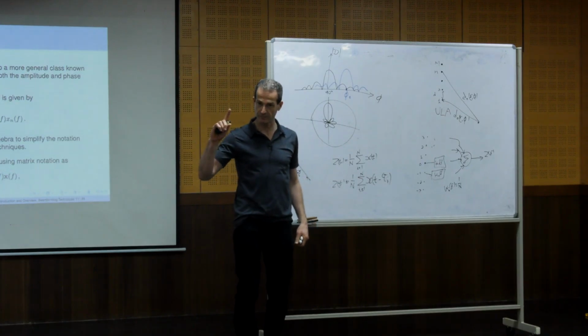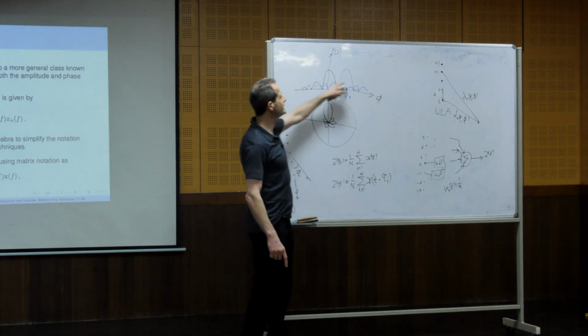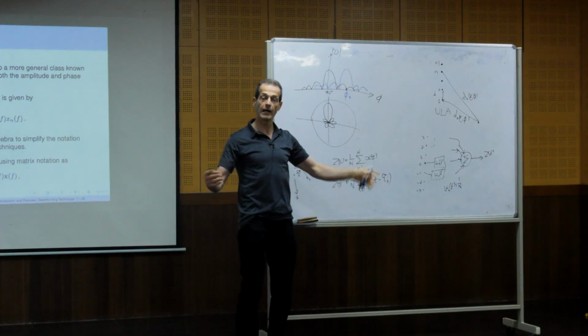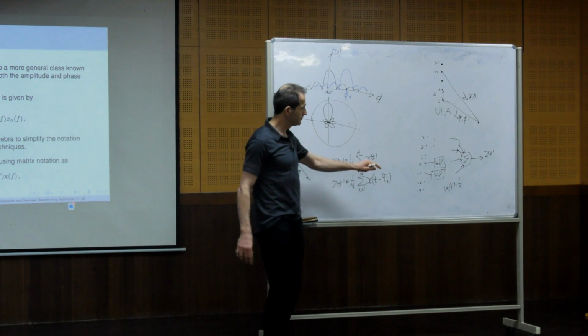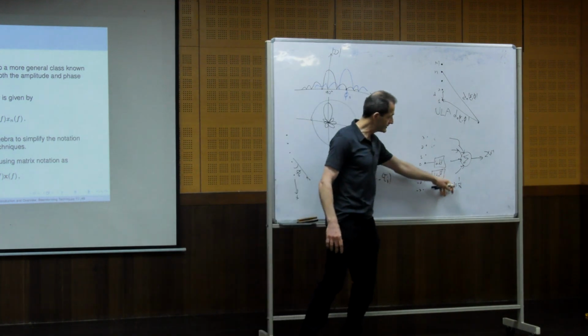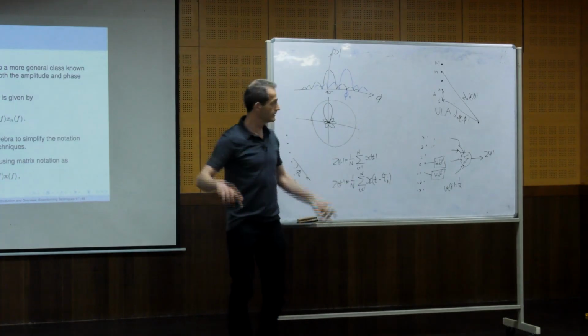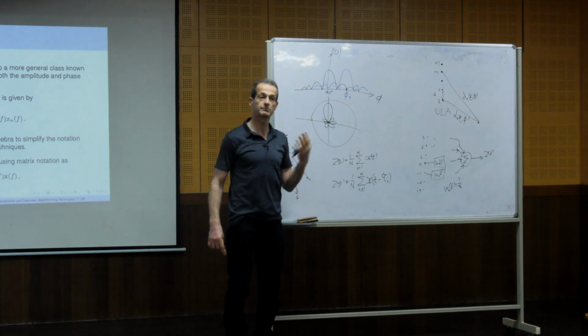What is the directivity factor? The maximum here divided by the integral for all the directions. I want to maximize it. So I want to design these weights such that the directivity factor, the ratio between the maximum and the integral, will be maximum. Is it possible to do that? Yes.